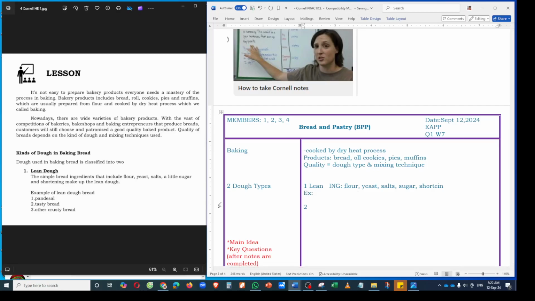And then, nagbigay siya ng example. So you put example if you don't know what these are, yung short bread, pwede ka magsulat ng example. May binanggit siya, pandesal, tasty bread, crusty bread. So, hindi mo na isulat other crusty bread, basta crusty bread lang.